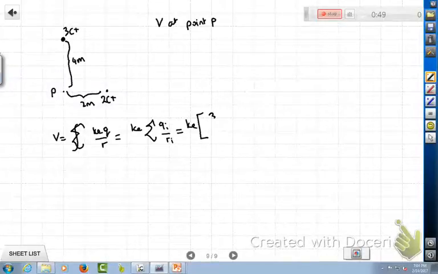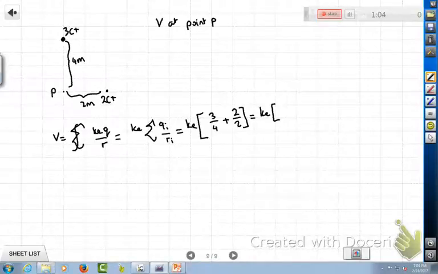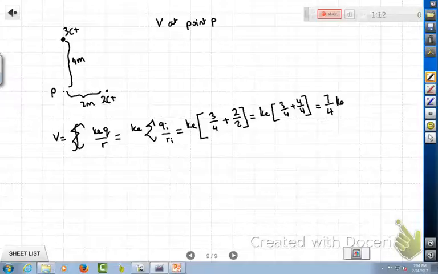It's going to be 3 over 4 plus, because it says add them, 2 over 2, which equals KE times 3 over 4 plus 4 over 4, which equals 7 over 4 KE, which equals 1.75 KE. And what's the unit going to be?